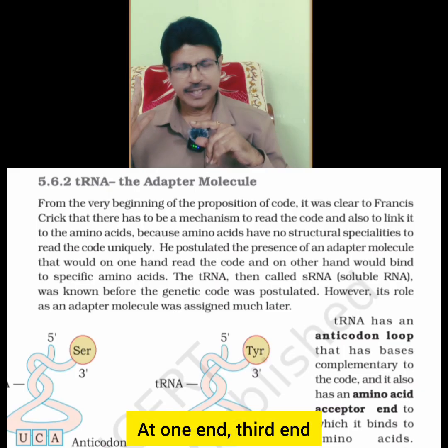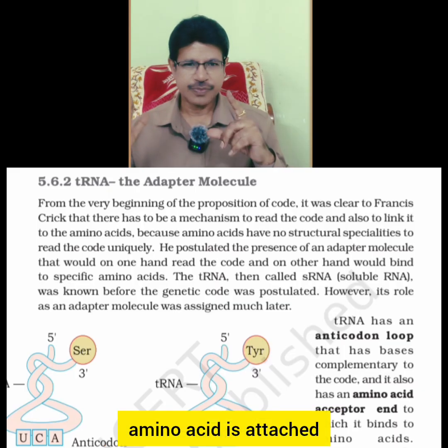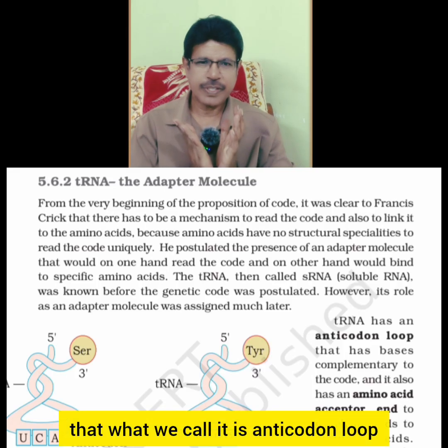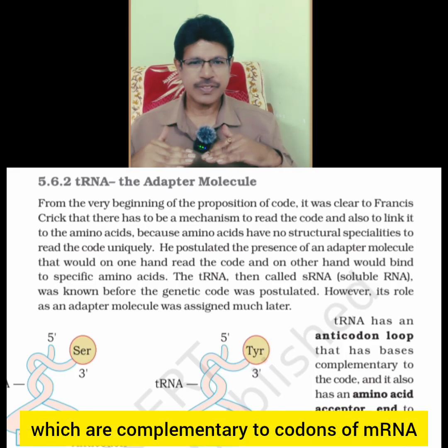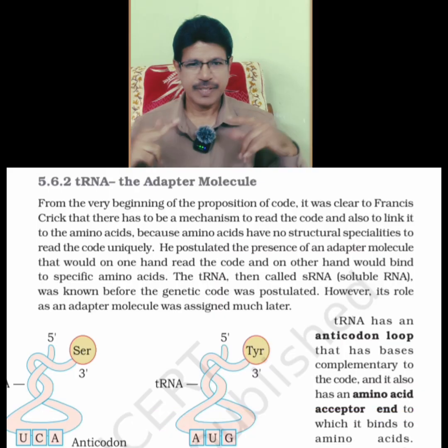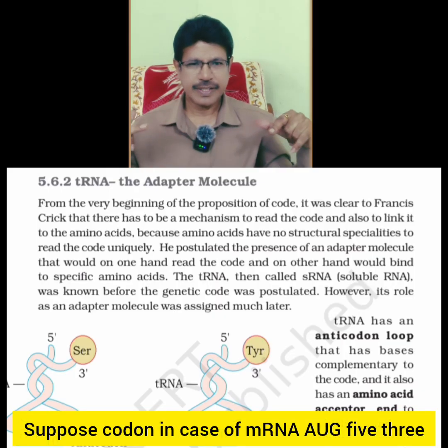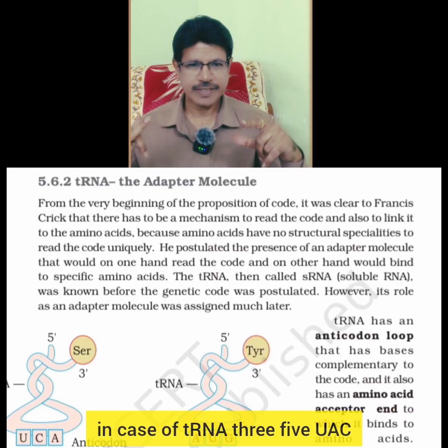At one end, the 3' end, the amino acid is attached. There is another loop which we call the anticodon loop, which is complementary to the codons of mRNA. Suppose the codon in mRNA is AUG 5'3'; in tRNA it is 3'5', UAC.